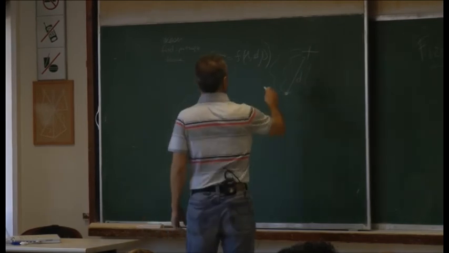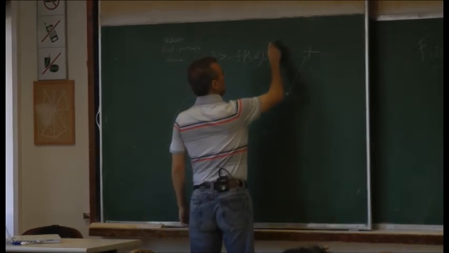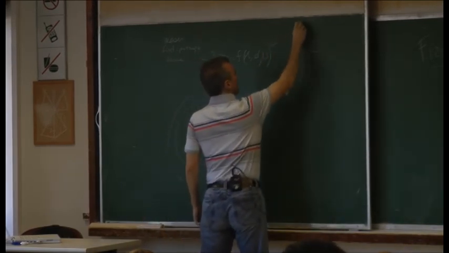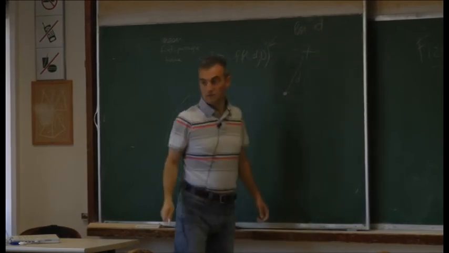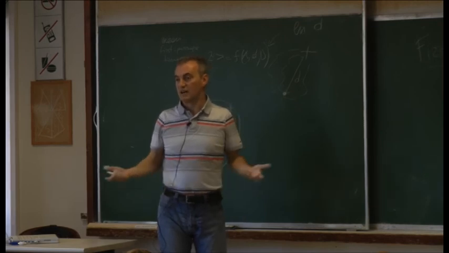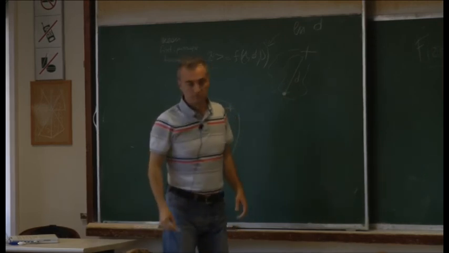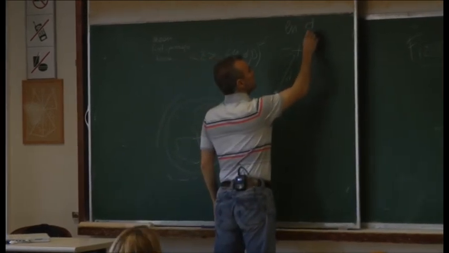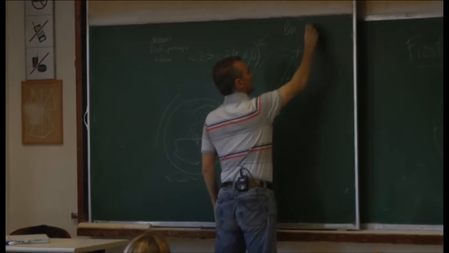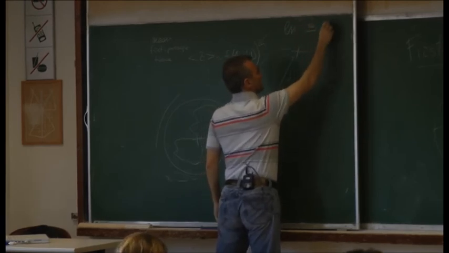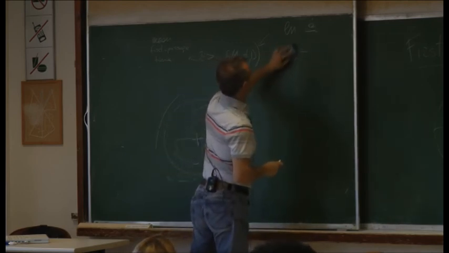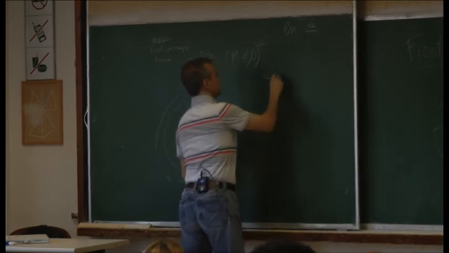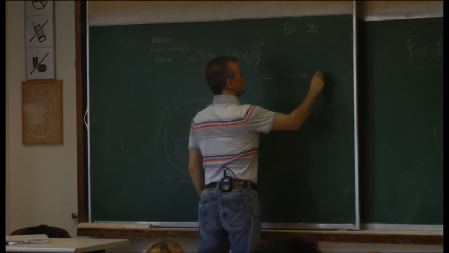There are corrective factors inside this function, which are log of D over the size of the target. Sorry, the other way around. It's A over D, where A is the size of the target. Maybe you don't see, let me write it bigger.